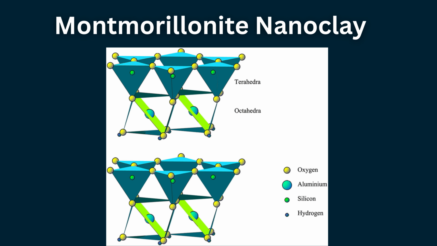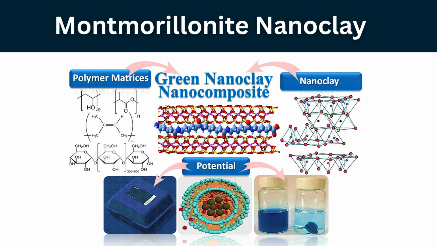Montmorillonite nanoclay. Montmorillonite, MMT, is a layered silicate nanoclay with plate-like particles and a high aspect ratio. It is widely used as a reinforcing nanofiller to enhance mechanical properties. To improve compatibility with organic resin matrices, MMT is often modified through graft polymerization with monomers such as methyl methacrylate, methacrylic acid, and acrylic acid.